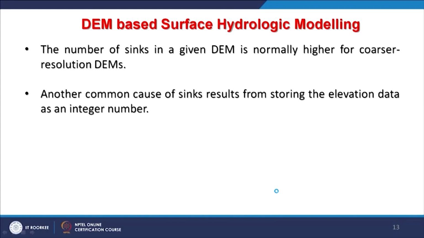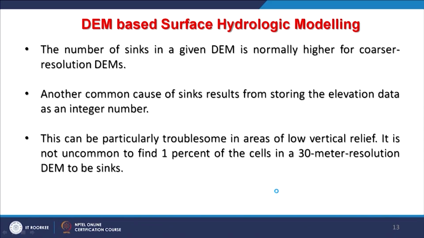Another common cause of sinks in a digital elevation model results from storing the elevation data as an integer number, not as a real number, and this can be more troublesome in areas of low vertical relief. That means areas which do not have much undulation, and you may have a problem.